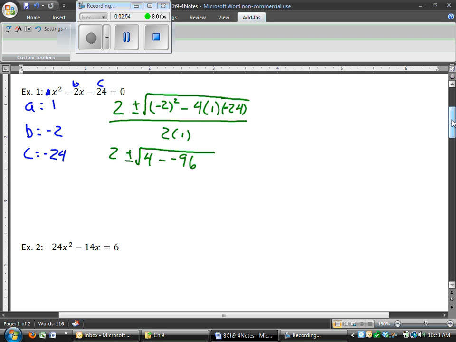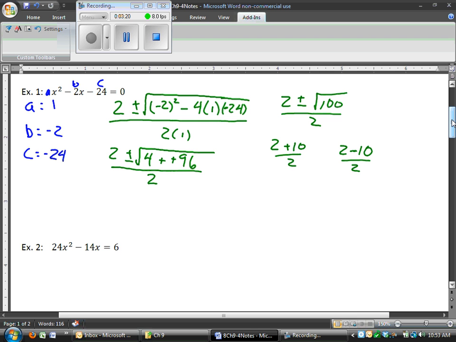And I know minus a negative becomes plus a positive, all over 2. Okay? So if we keep going, we'll have 2 plus or minus the square root of 100 over 2. The square root of 100, we should know, is 10. So I have 2 plus 10 over 2, or 2 minus 10 over 2. That's what that plus or minus means.